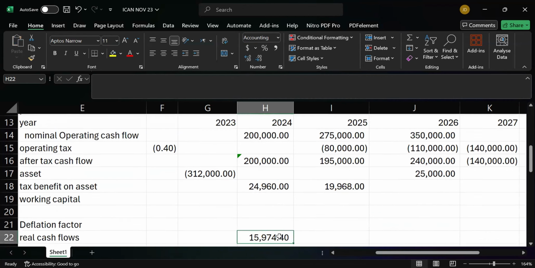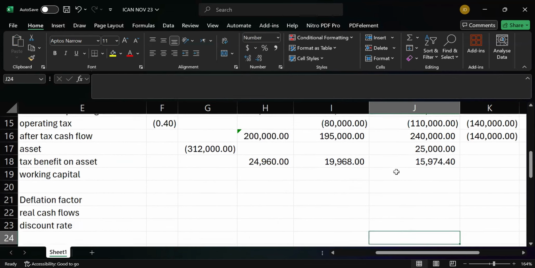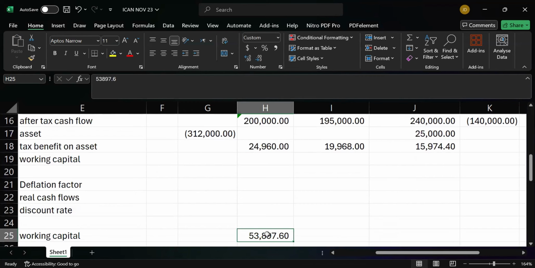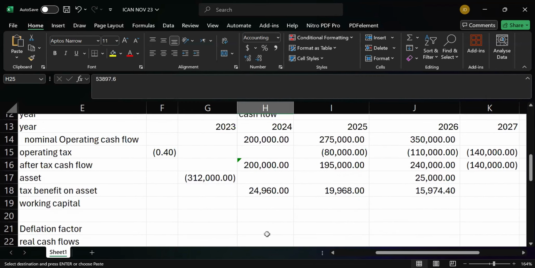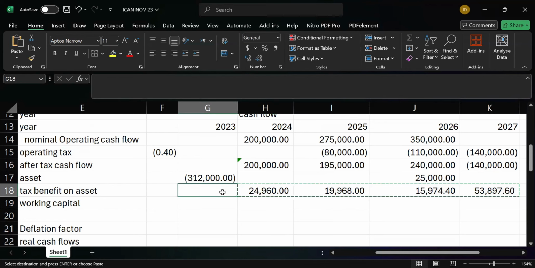This is year two. There's the third year. And this is the final year. But we have this starting from year zero. So the timing is year zero.